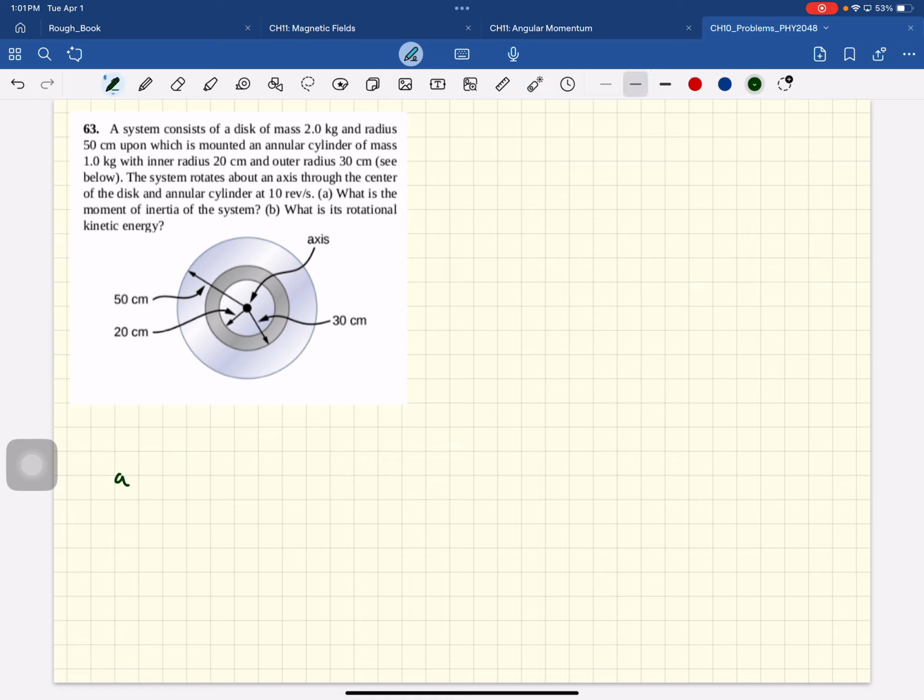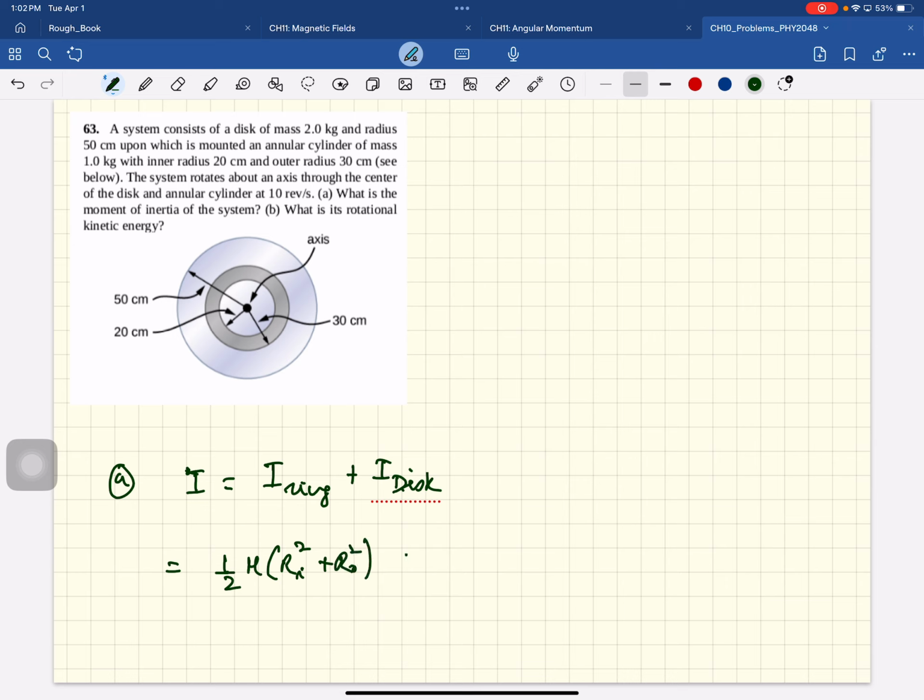So the moment of inertia of the system is the moment of inertia of the ring plus the disk. For the ring, you can look up the formula. It's 1/2 m times inner radius squared plus outer radius squared.